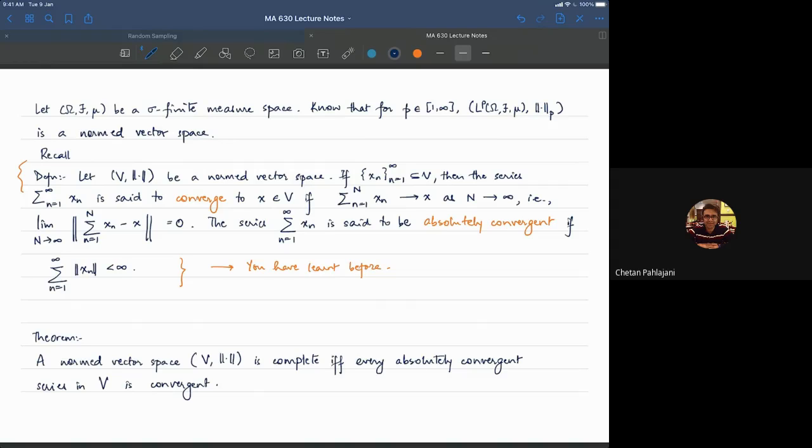That means if every absolutely convergent series is convergent, then the normed vector space is complete. And if the normed vector space is complete, then every absolutely convergent series is convergent. I will not prove this. You can see the MA514 notes for a proof.